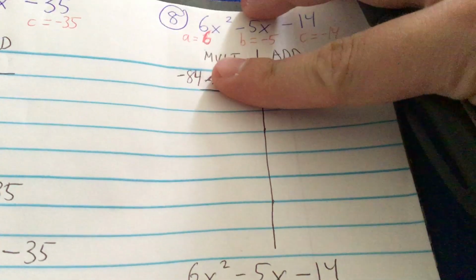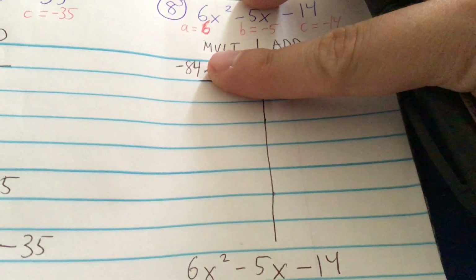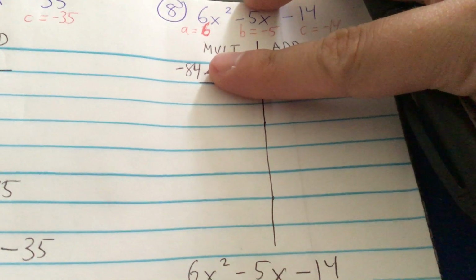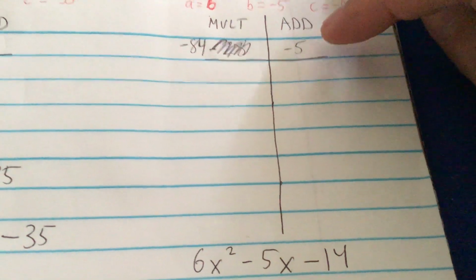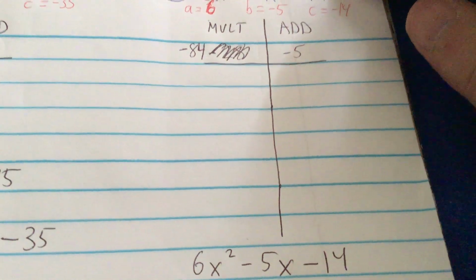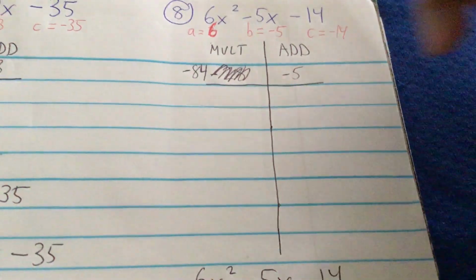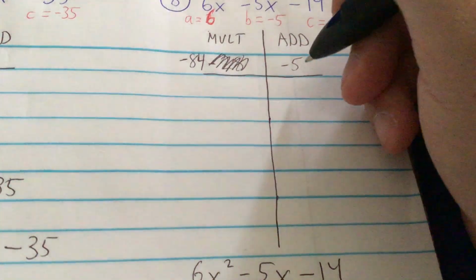If it multiplies to negative 84, then it has to be one positive, one negative. But if it adds to negative 5, what does that tell me about the positive-negative combination? Well, that means that I'm going to make a stronger negative.